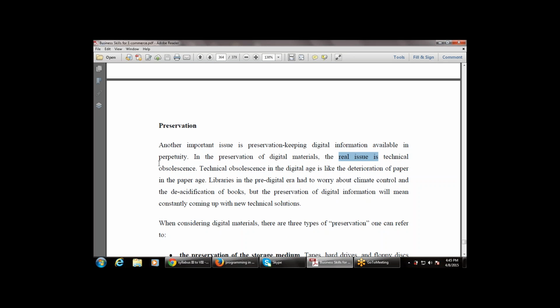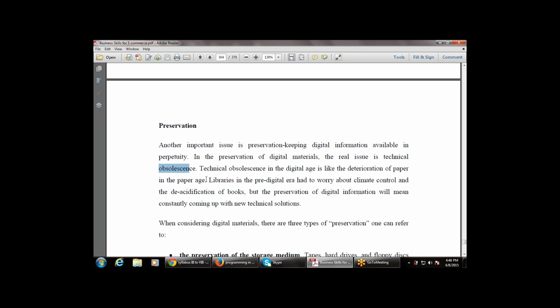In the preservation of digital material, the real issue is technical obsolescence, that is, techniques, tools, and formats that are outdated.